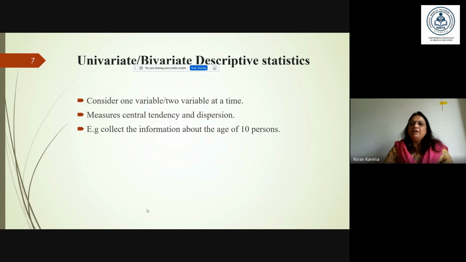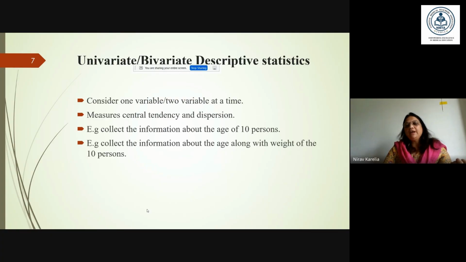Suppose I collect information about the age of 10 persons, and I take the mean of this, and the deviation of my information: how many values deviate from the mean, median, or mode. You just describe that among my 10 persons, the median age is this and standard deviation is this. You consider only age, so it is univariate.